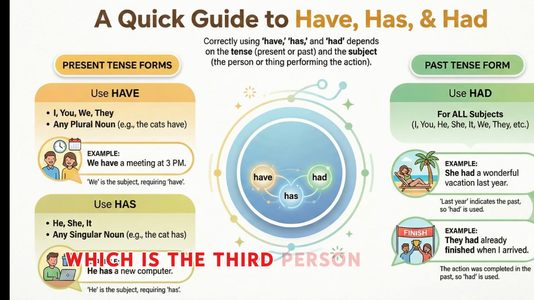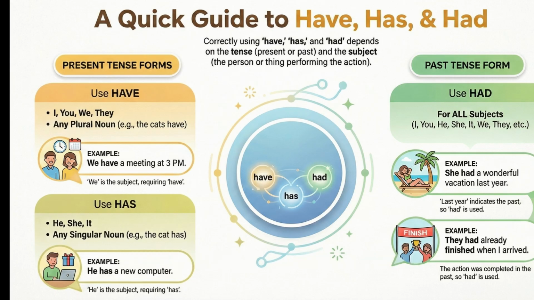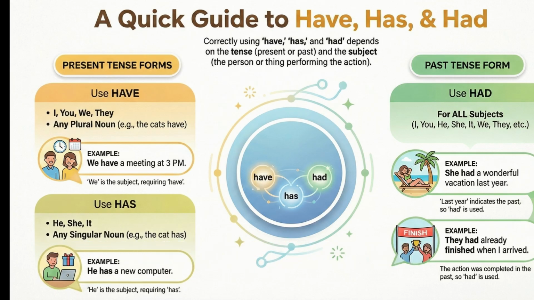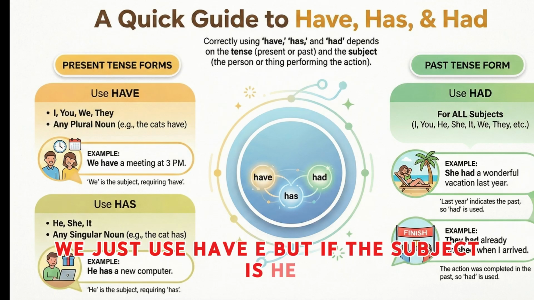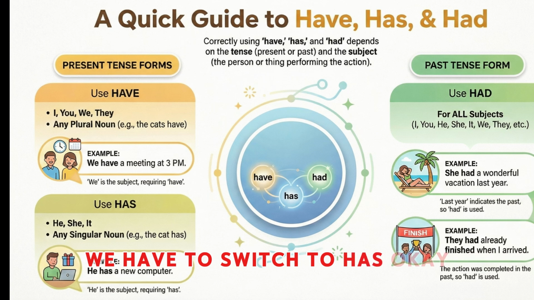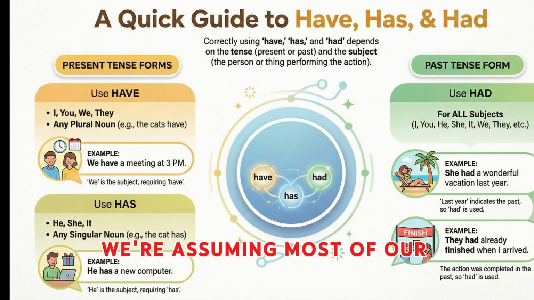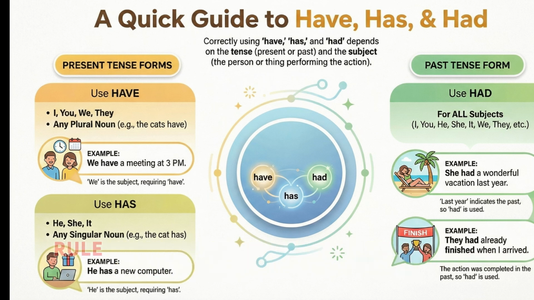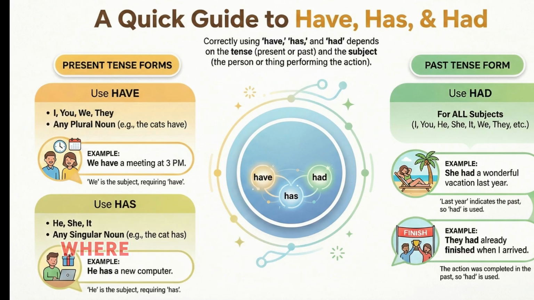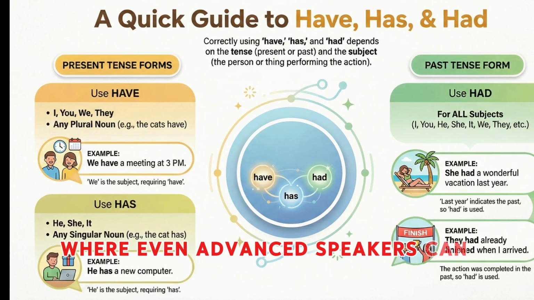The third person singular in the simple present tense. For almost every other subject, I, you, we, they, we just use have. But if the subject is he, she, or it, we have to switch to has. We're assuming most of our listeners know that basic rule, but the guide must be targeting the common areas where even advanced speakers can get tripped up.